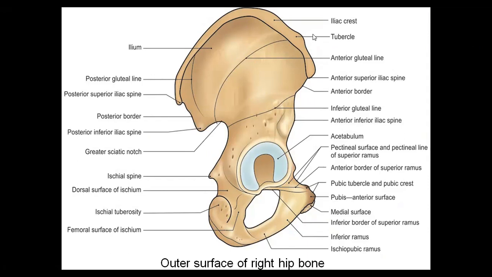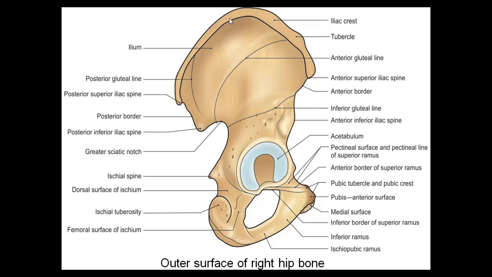Now, the upper expanded part of the ilium is called the iliac crest. This is the iliac crest. Because it is an expanded and elaborated part, it has an outer lip, as you can see here. This outer black line is the outer lip, and this is the inner lip of the iliac crest.